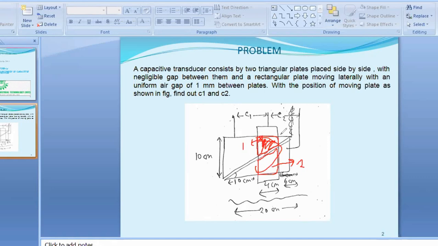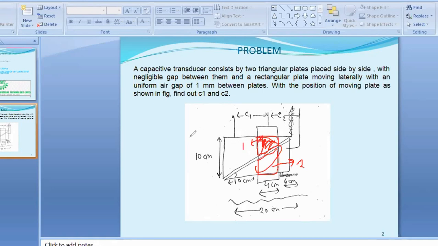For C2, we need to calculate this overlapping area, because C2 is the capacitance between this moving plate and the triangular plate 2. And when you find C1, you have to calculate overlapping area 1, because C1 is the capacitance between this moving plate and triangular plate 1.